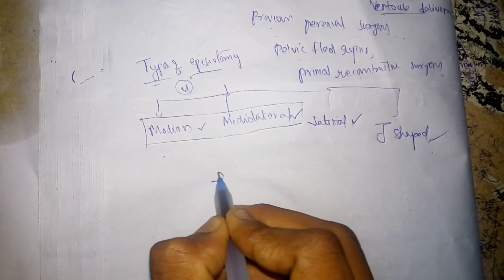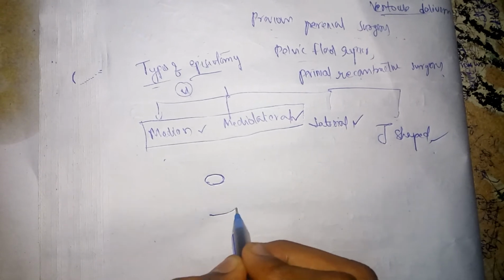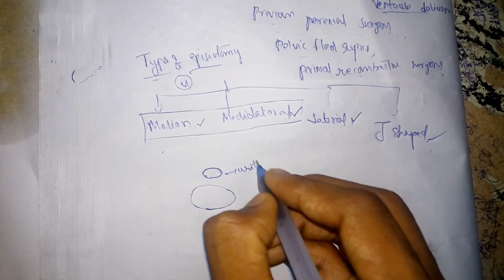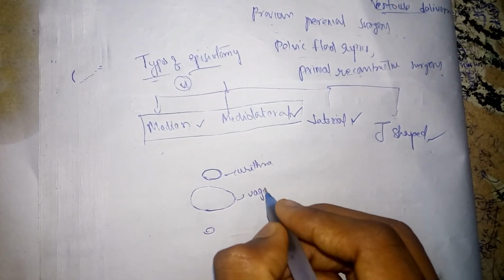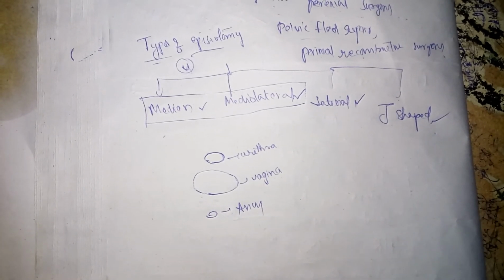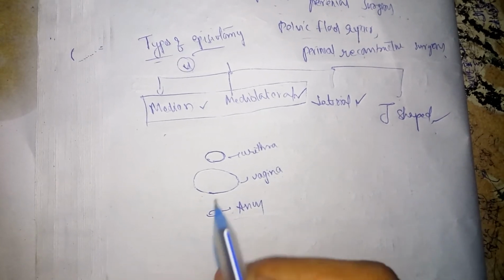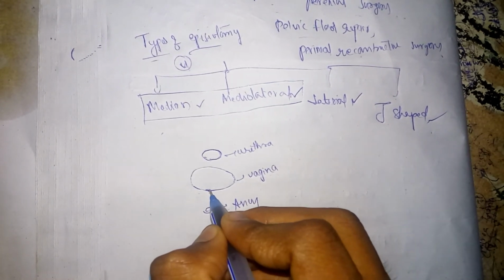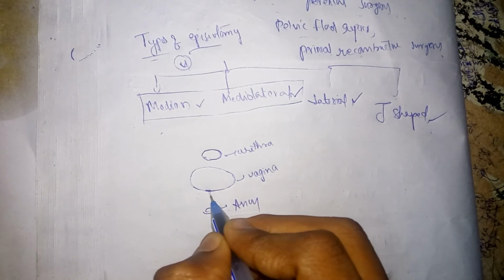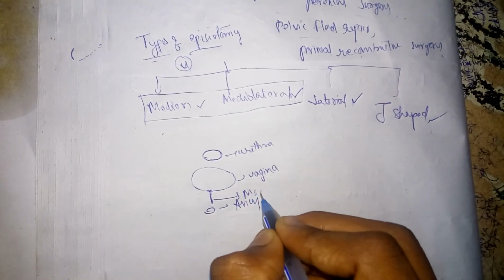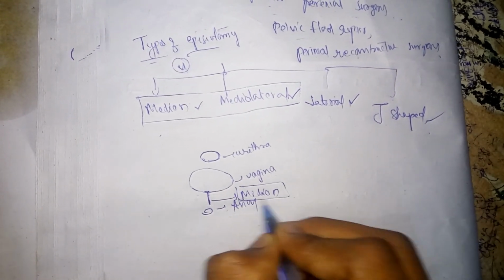As I told you, suppose this is the urethra, this is the vagina, this is the anus, and you want to increase the diameter of the vagina so that the baby can come out easily. If you give an incision in the median plane, that is from below the vagina in a medial direction towards the anus, then it is median episiotomy.